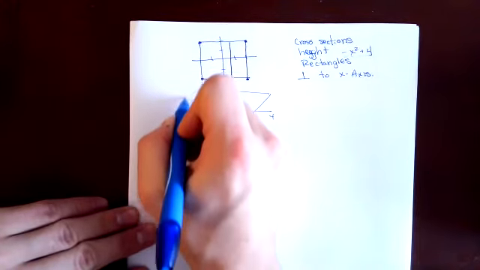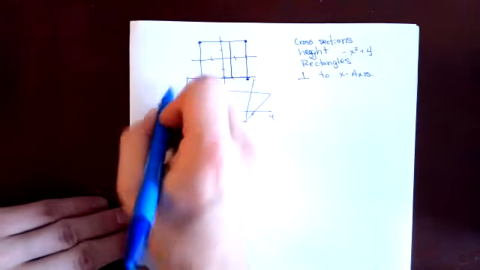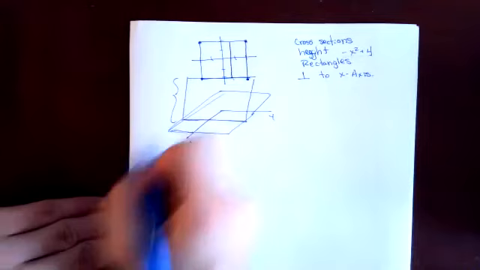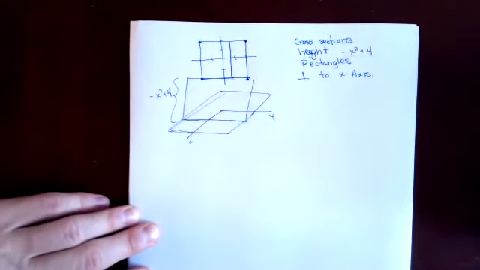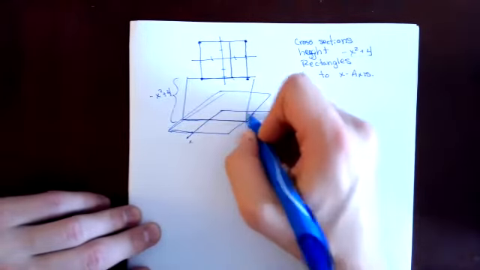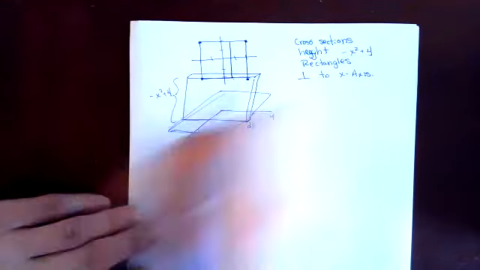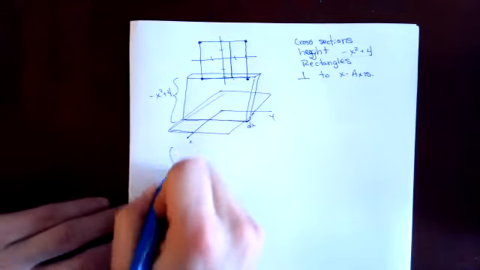Then the height of these rectangles is given by minus x squared plus 4. And of course, the depth is our dx, going out like that. So this one's not too bad.